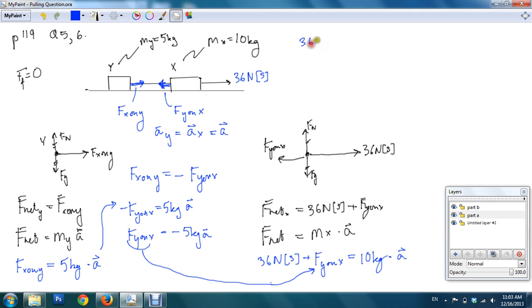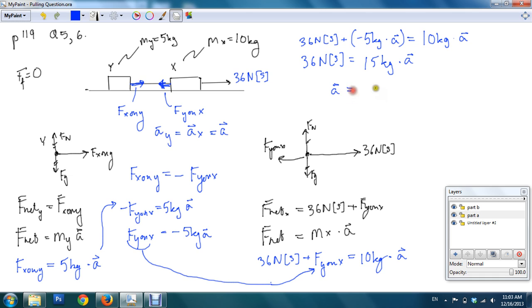So 36 newtons south plus Fy on x is negative 5 kilograms times the acceleration. And this equals 10 kilograms times the acceleration. 36 newtons south is equal to 10 kilograms times acceleration, and then plus 5 kilograms times the acceleration makes 15 kilograms times the acceleration.